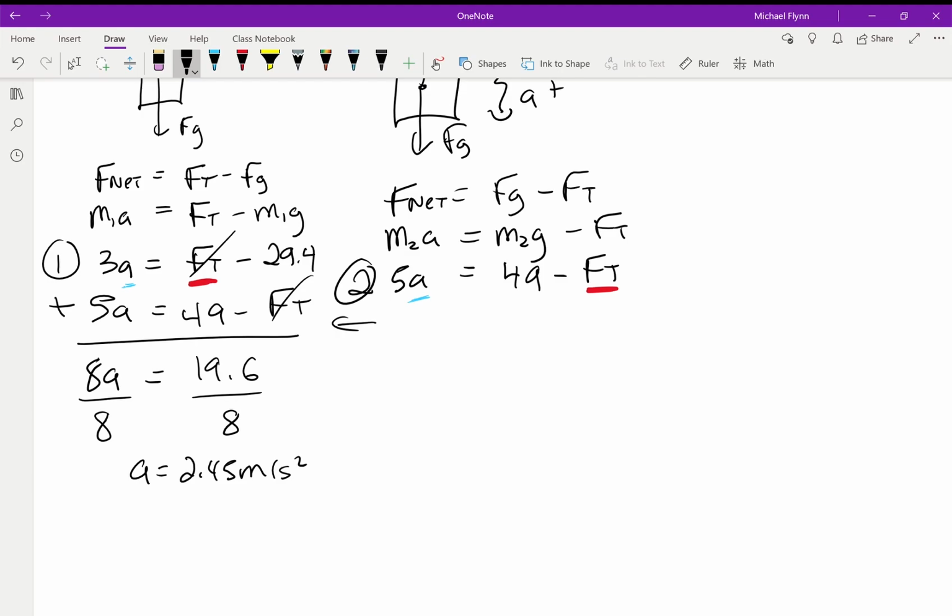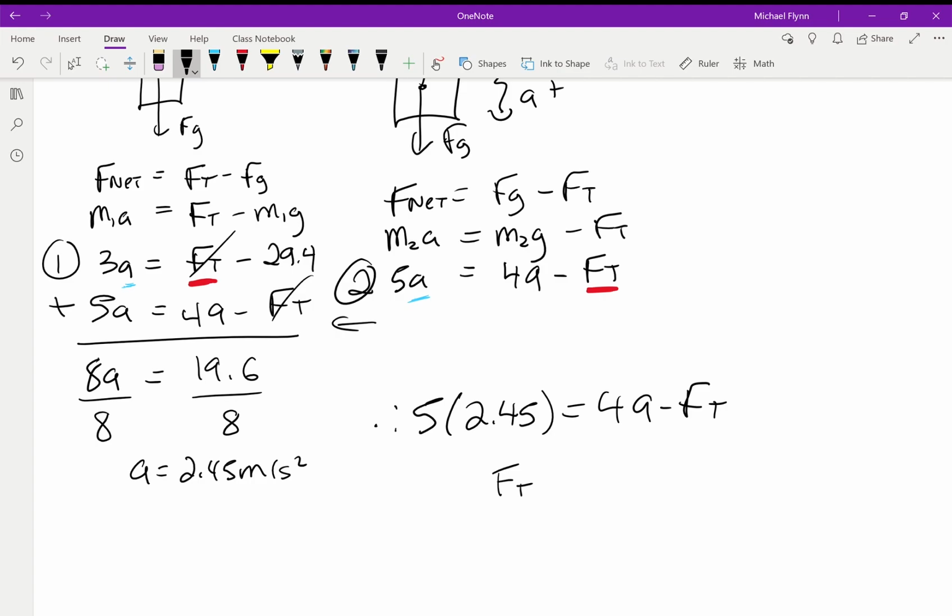Now to find tension, you just have to do a substitution. So I'll use equation number 2, therefore 5 times 2.45 equals 49 minus Ft. I'll just kind of do it quickly for you.